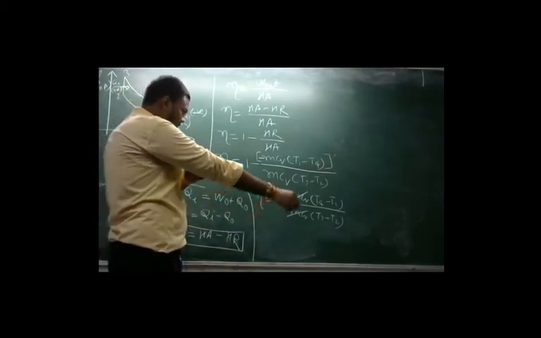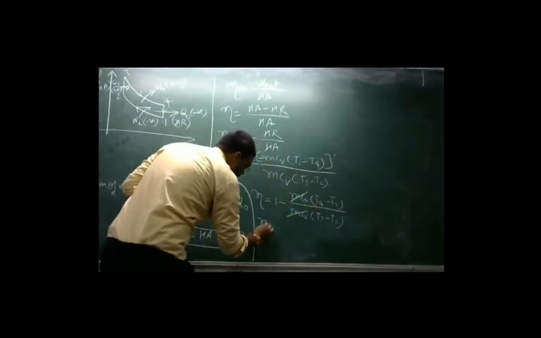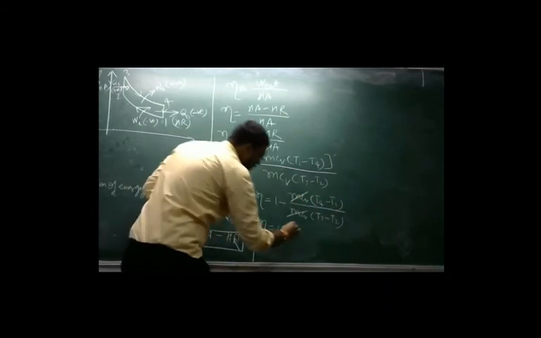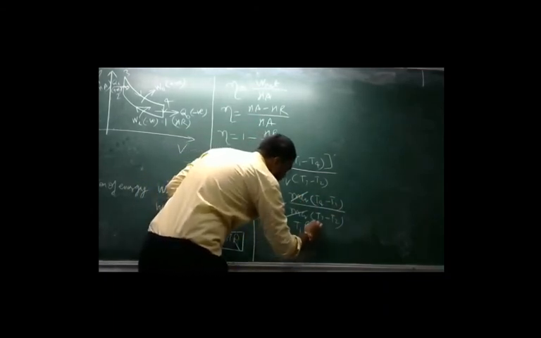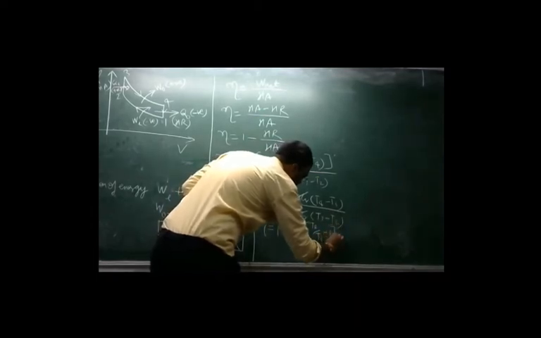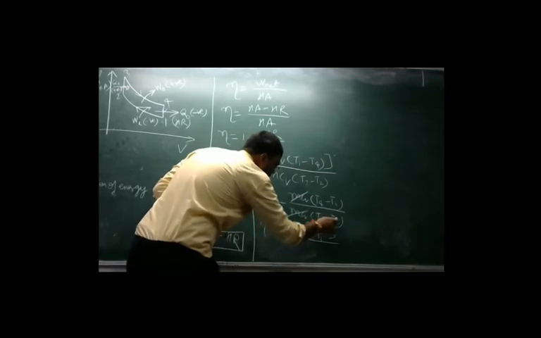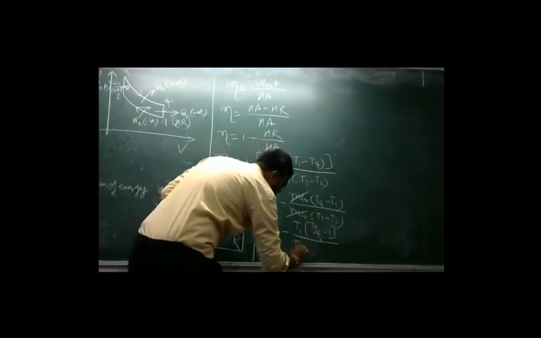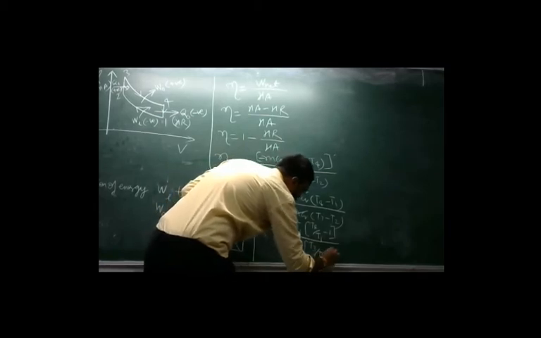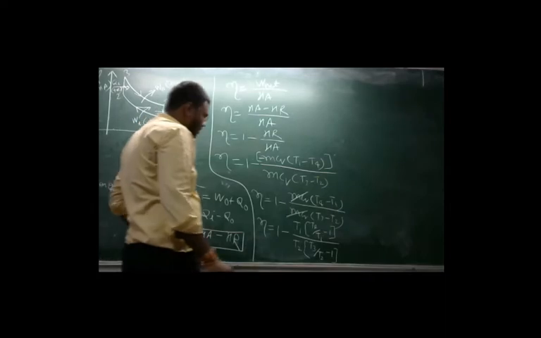Now from this bracket take T1 common. Eta will be equal to 1 minus T1 times (T4 by T1 minus 1), divided by, from here take T2 common, T2 times (T3 by T2 minus 1). Let us assume this is equation number 1.